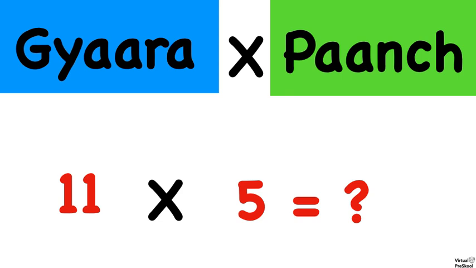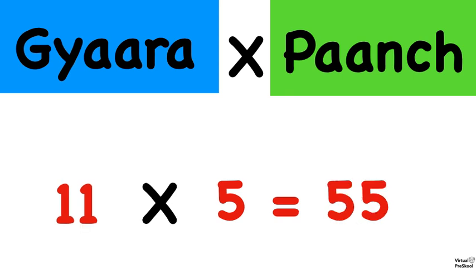So now we have 11 times 5. So now I'm going to give you a few seconds to figure out your math problem. What is 11 times 5? So 11 times 5 is 55.